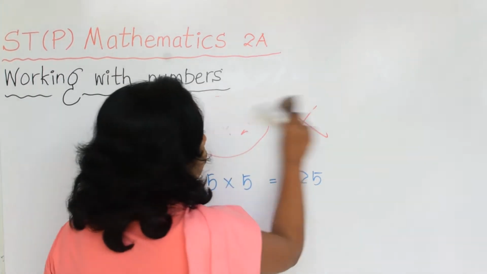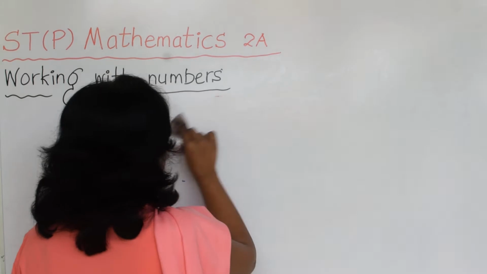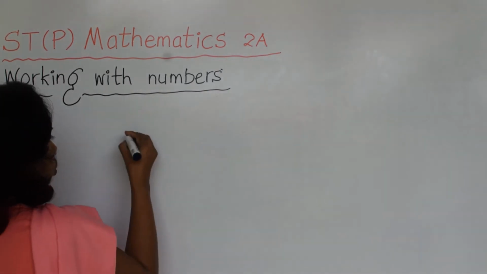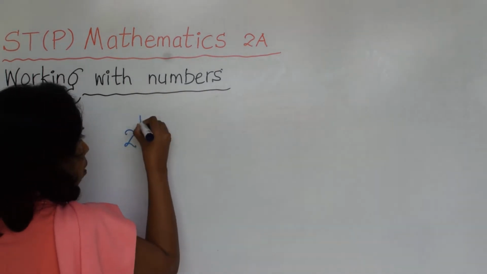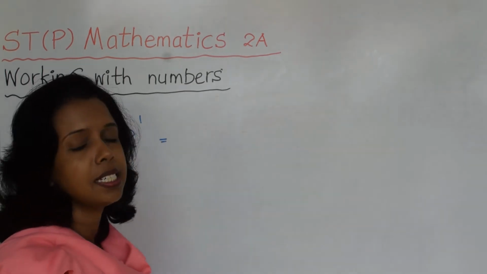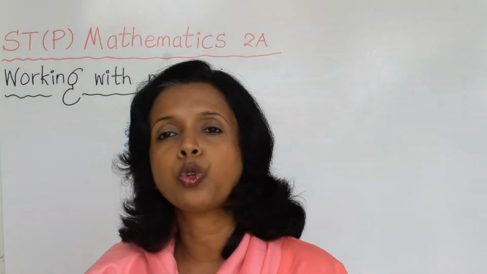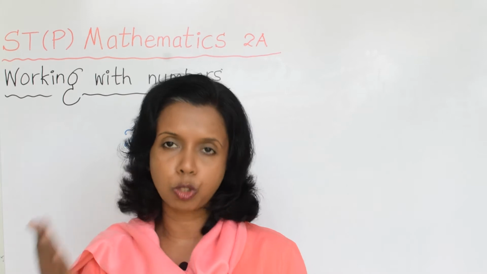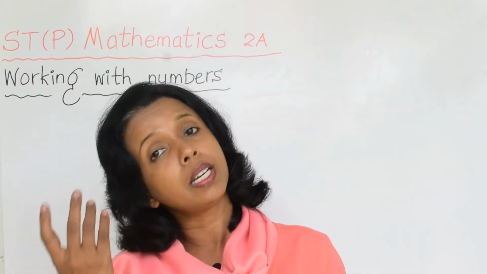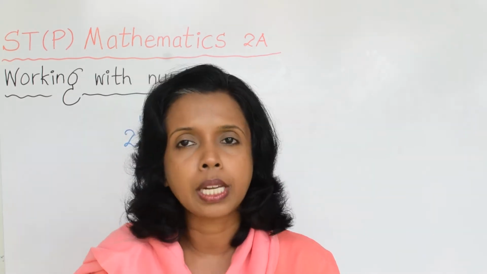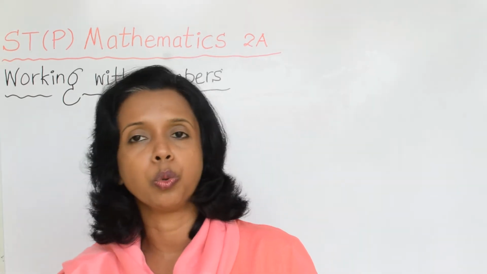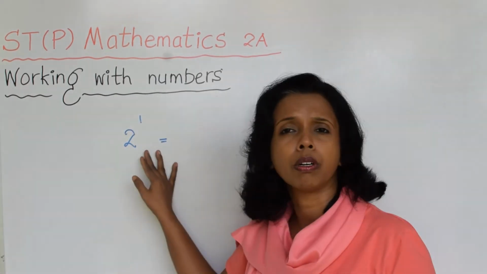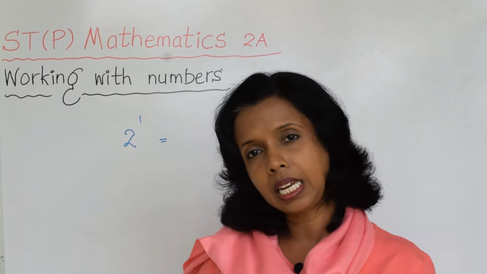Now look at this. 2 to the power 1. What does this mean, children? Now, if it is 2 to the power 2, that means 2 times 2. If it is 2 to the power 3, that means 2 times 2 times 2. If it is 2 to the power 1, what does that mean?